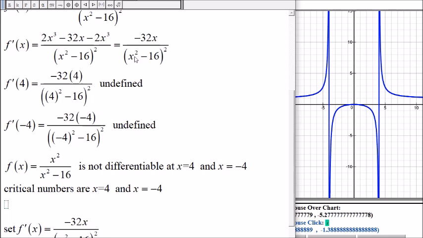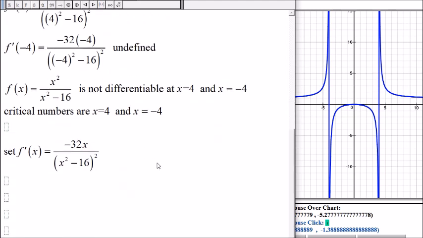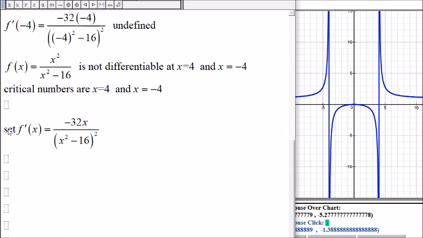And this one is obvious enough that we can let x be 4 or negative 4. But when it's not obvious, then what we can do is just set this denominator right here equal to 0 and then solve for x. And then that will tell us where the derivative is undefined, and hence tell us where the function is not differentiable. And then the second way to find critical numbers is we set the derivative equal to 0 and solve for x.